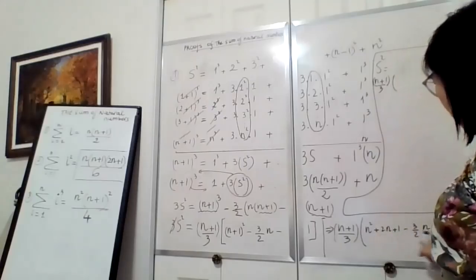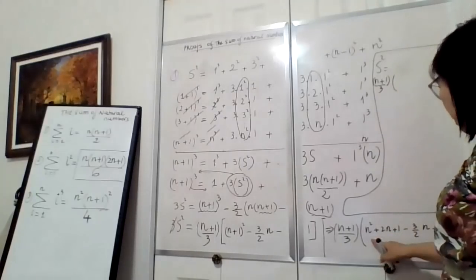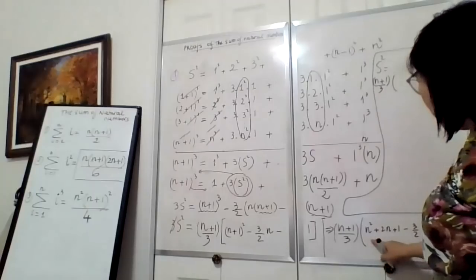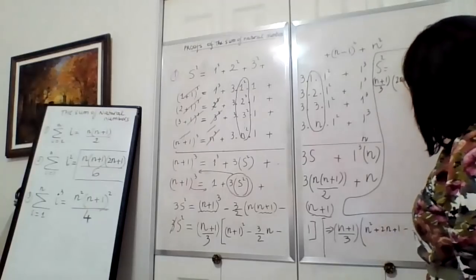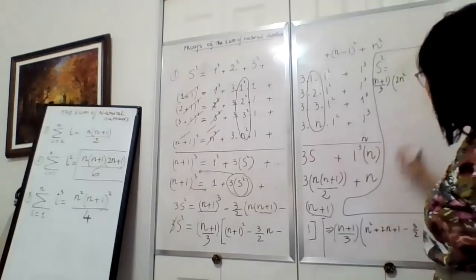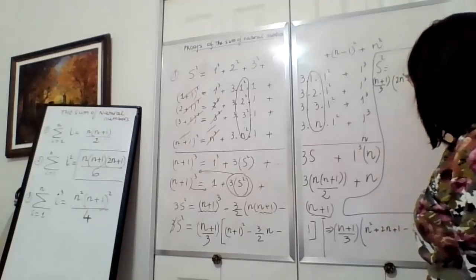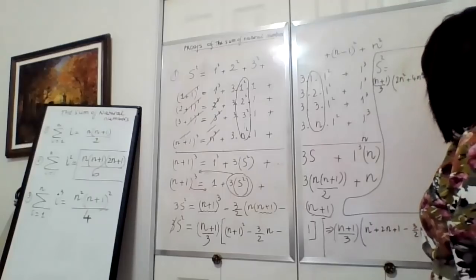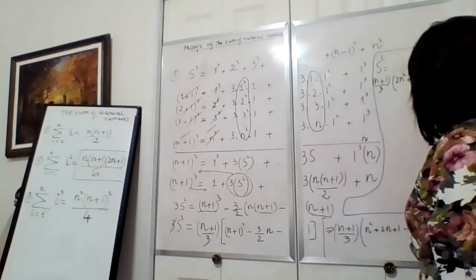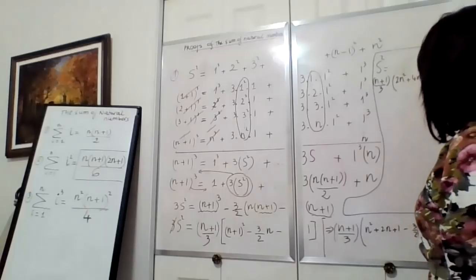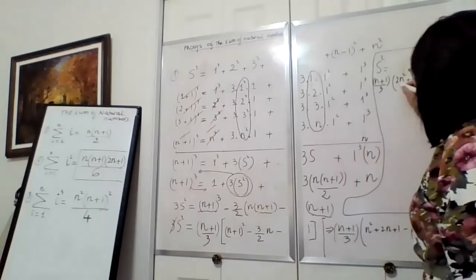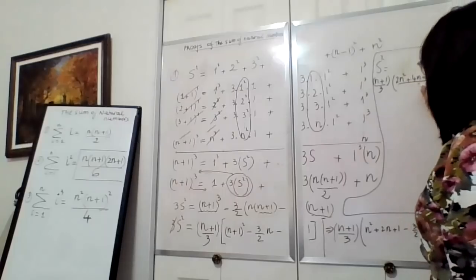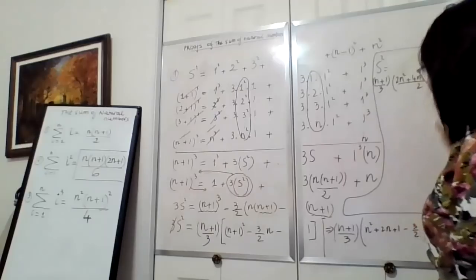Times, I want to summarize this one, right? I'm going to make the denominators the same, like 2 to 2, so we can add them, right? So that will become 2n squared plus 4n plus 2 minus 3n minus 2. And all of this will be over the same common denominator, right?